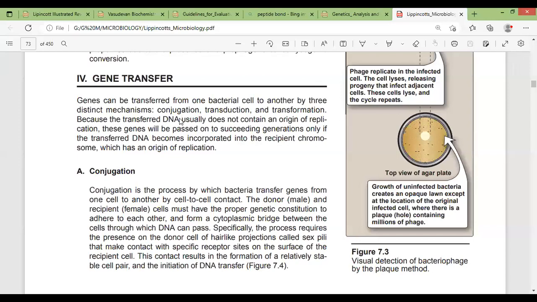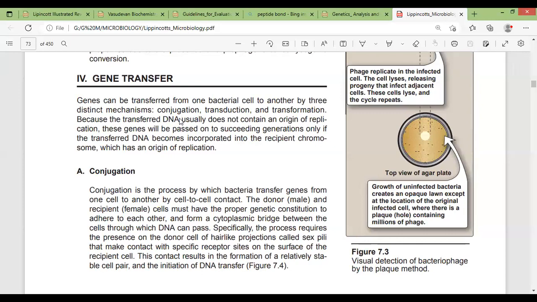So gene transfer. A gene, we know, is something that codes for a protein, right? Then transfer is literally giving someone between.